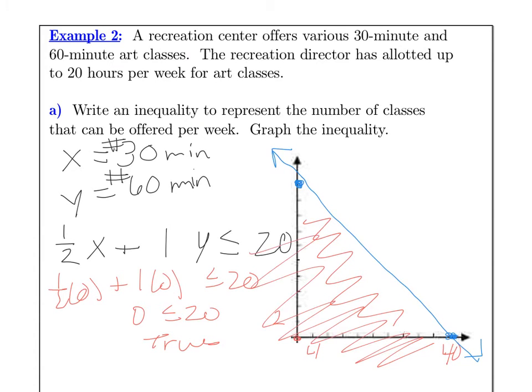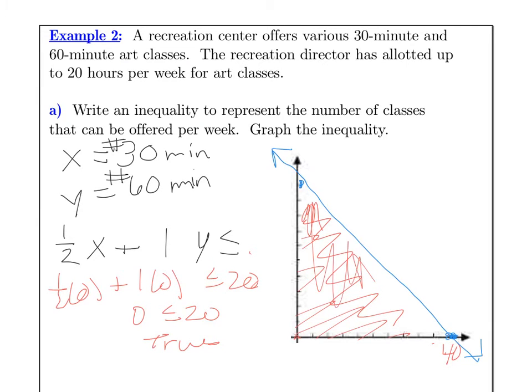Now, I need to be kind of careful because this is a real-life situation, and I have to realize that if x is negative or if y is negative, then that means that I have negative amounts of art classes, and I don't think we can have negative amounts of art classes. So I'm going to go ahead and erase the parts that are shaded and the negative parts. So then I just have this nice little triangle in the shaded in part.